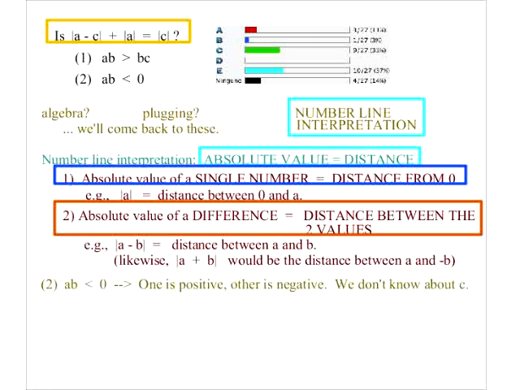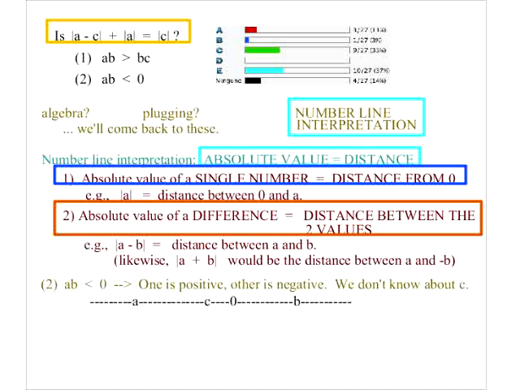So let's just try drawing some number lines. One way for this to happen is to have A be here, and then C, and then 0, and then B, as long as one of A and B is positive and one is negative.